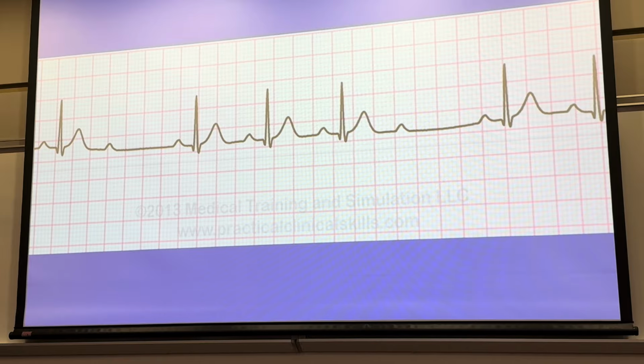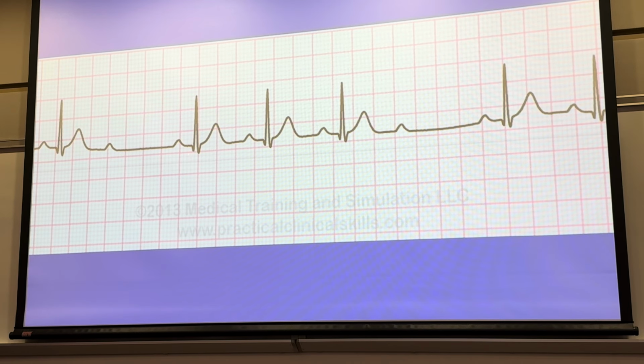Second degree type 2, that's right. Okay? So I have consistently long PR intervals, but they're not getting any longer, right? So that's your difference between your second degree type 2 and your type 1. Just to have a prolonged PR interval, but they're not getting any longer.